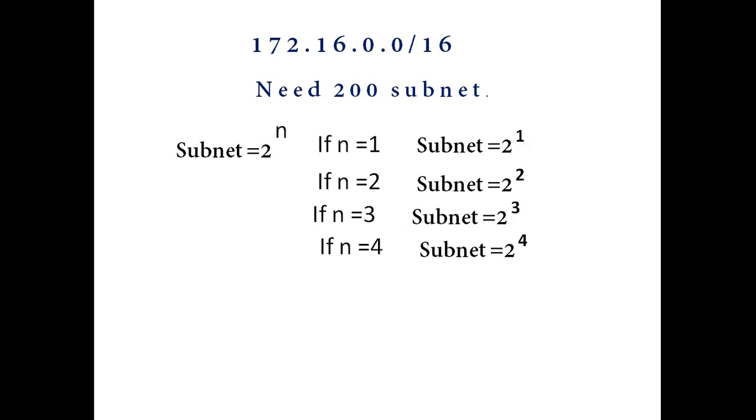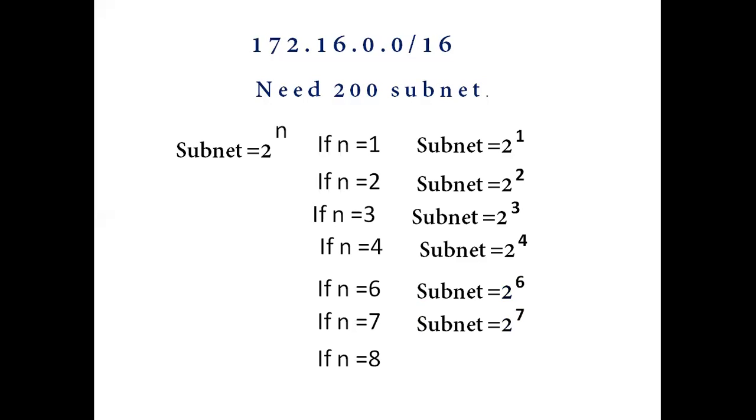Now when you convert all 8 host bits, then you will get 256 subnets. Now your requirement has been fulfilled. Understand now? Or do you have some question? If you convert all host bits into network bits, you get 256 subnets.